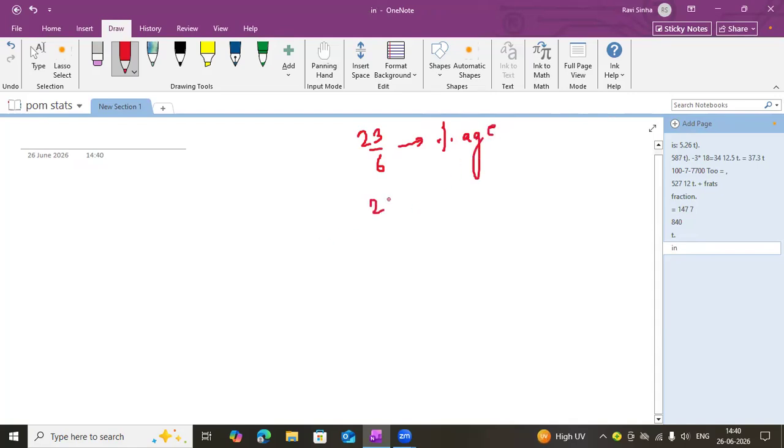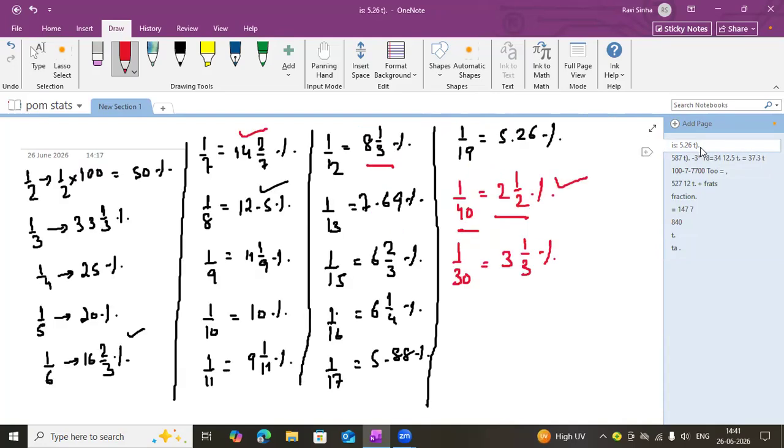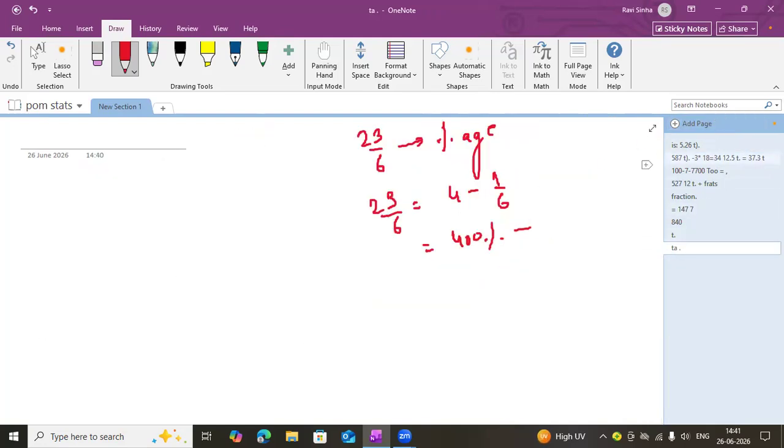So 23 by 6 can be written as 4 minus 1 by 6. 4 is 400% and 1 by 6 is 16 2 by 3%. So 400% minus 16 2 by 3% is 383 1 by 3%.